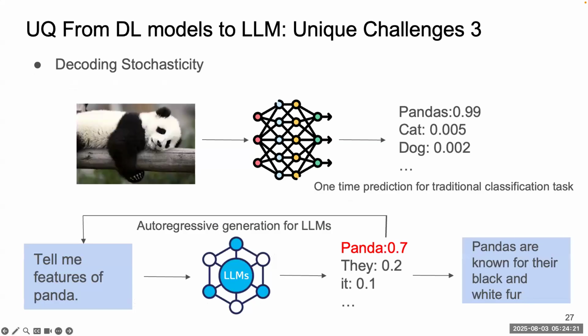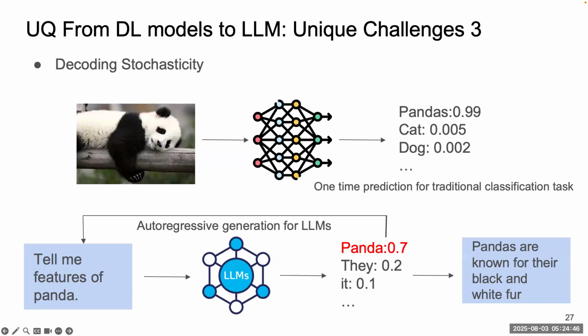Another challenge for language models is decoding stochasticity. Most language models are autoregressive. With traditional models, you have just one output from the classifier, the probability on each category.